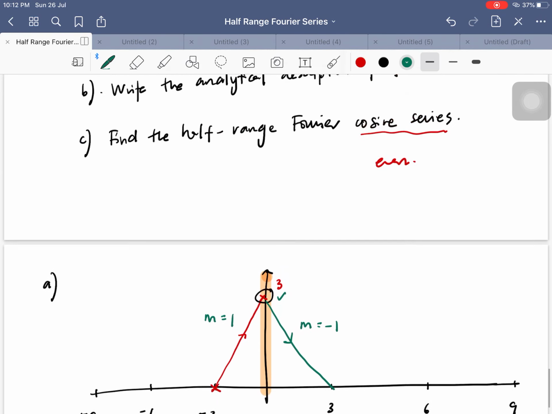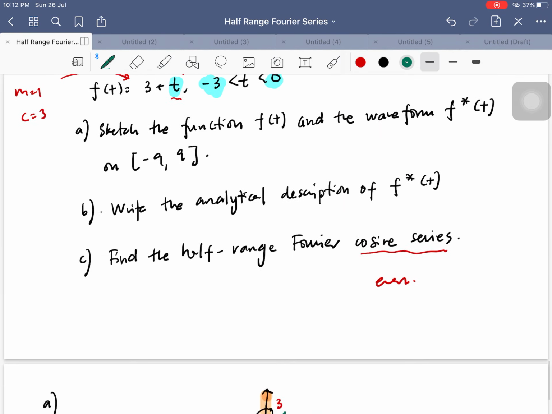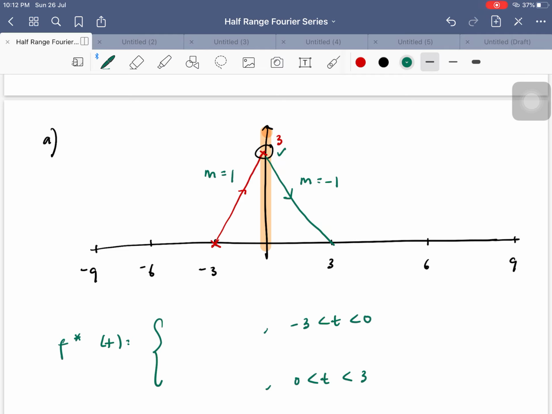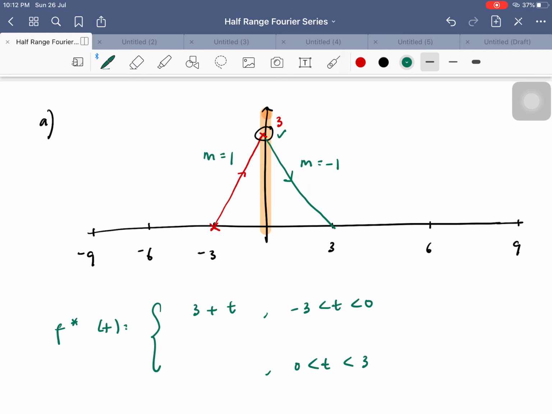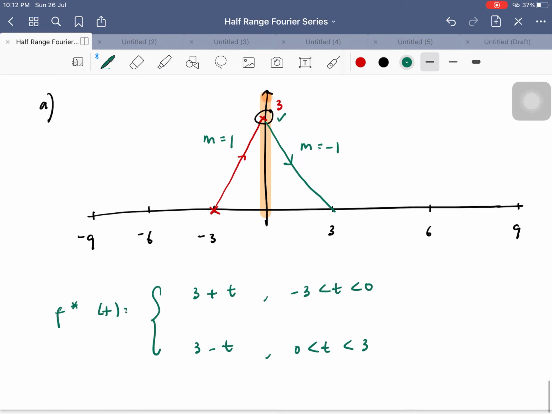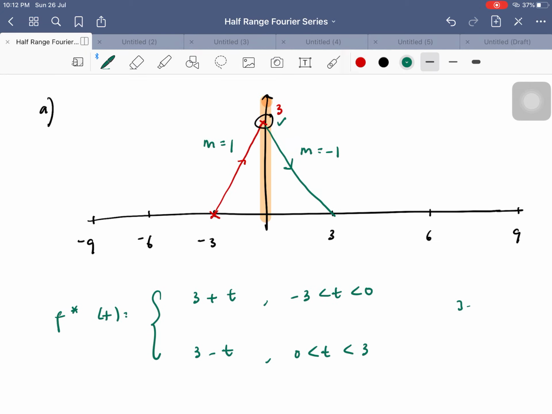It's been given in the question that from -3 to 0 it is 3 plus t, so I'm going to have 3 plus t, or t plus 3. That will be the same. For 0 until 3, what differs is only the gradient, and the function will be 3 minus t, or -t plus 3. Both of them are the same, and you can use either 3 minus t or -t plus 3, whatever suits you.